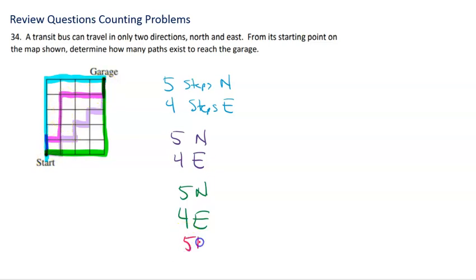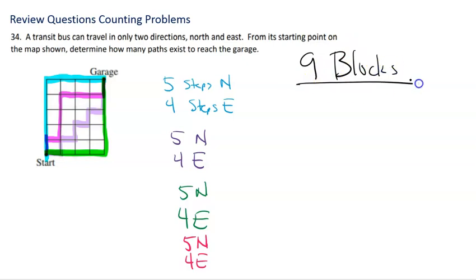Yep, 5 north. And then east, that's horizontal, 1, 2, 3, 4 east. So it looks consistent that no matter what, we do 9 blocks, and then 5 are north and 4 are east. Every time, y'all, every time. So, again, we have 9 blocks, and when you break it down, 5 of them go north, and 4 of them go east.